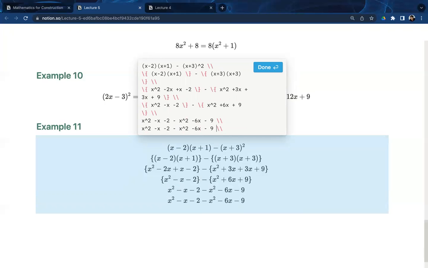So we could combine like terms together. X squareds could be here. Right?